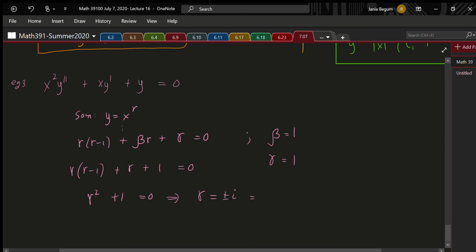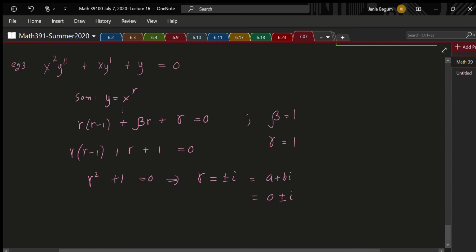If I were to write this in a plus bi form, we know a is 0 and b is going to be 1. Now let's write out our solution. We said it's going to be x to the a. Well, a is 0 in this case, so the x to the 0 term will disappear.